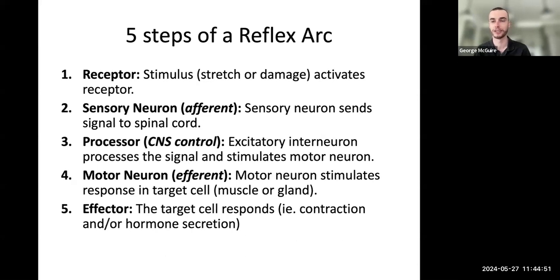And so that interneuron is then going to stimulate the motor neuron, which is going to carry the response to the effector, so what is going to react. So we have the receptor, which is sensing the stimulus, that is going to stimulate your sensory neuron. That neuron is going to carry that sensory information to the spinal cord, where it will synapse with a processor or an interneuron. And then that interneuron will stimulate a motor neuron, which is going to cause a response in your effector, so the part of the body that is responding.